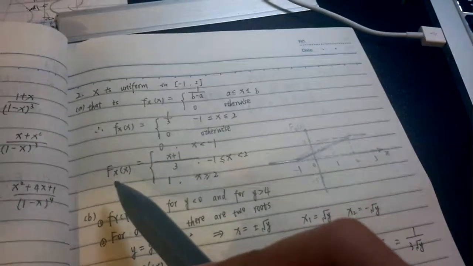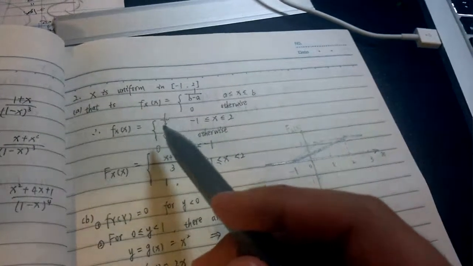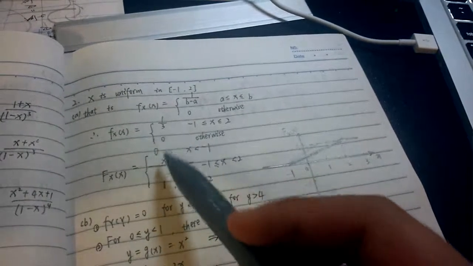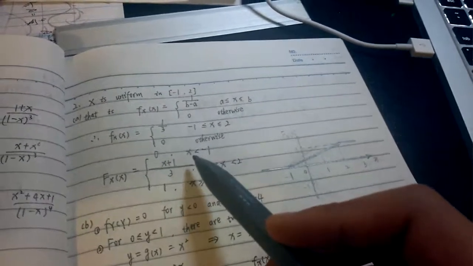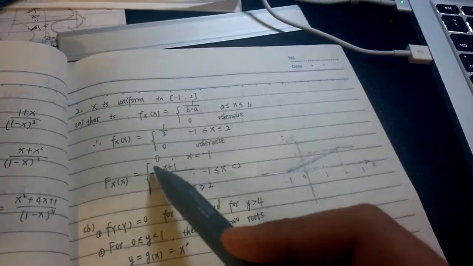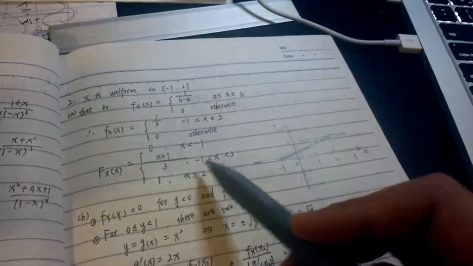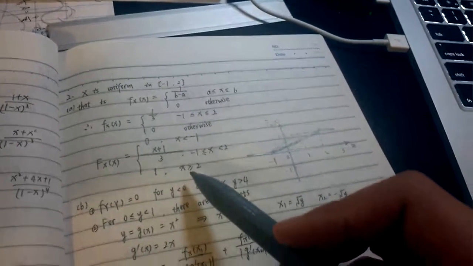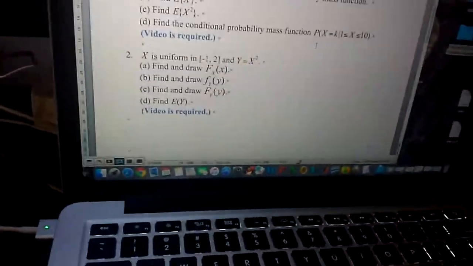And we can get capital F_X, that is the CDF, which is the integral of the PDF, that is this form. We can see when x is less than -1 it is equal to 0, and when x is in -1 to 2 it is this form, that is this form's integral, and when x is larger than 2 it is equal to 1.